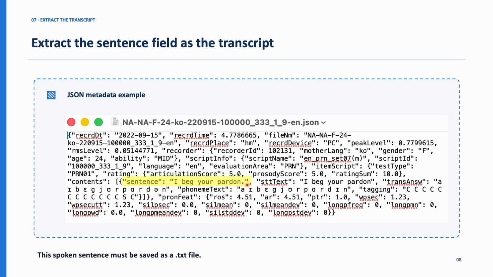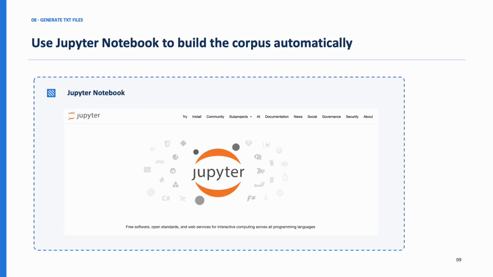It is possible to create text files one by one, but that would be very inefficient if you have hundreds of files. So we will generate them automatically using Python. This time we will launch Jupyter Notebook from Anaconda Navigator. Jupyter Notebook is a convenient environment for running Python code.